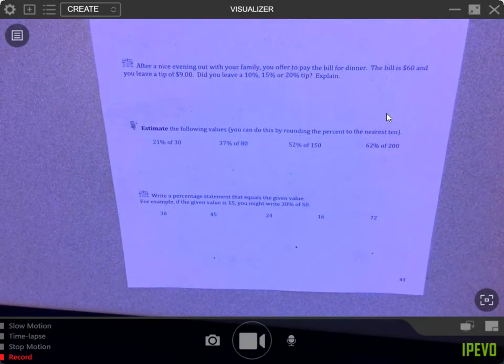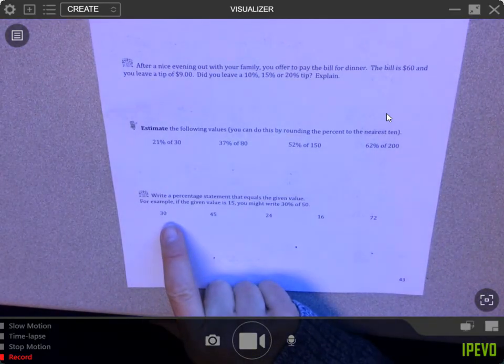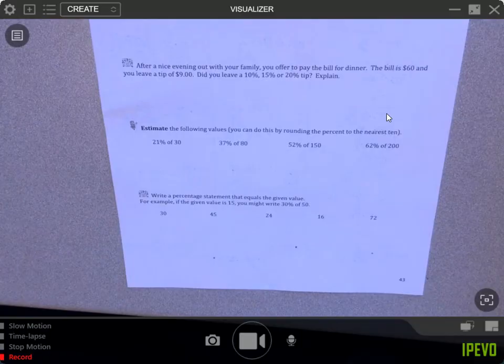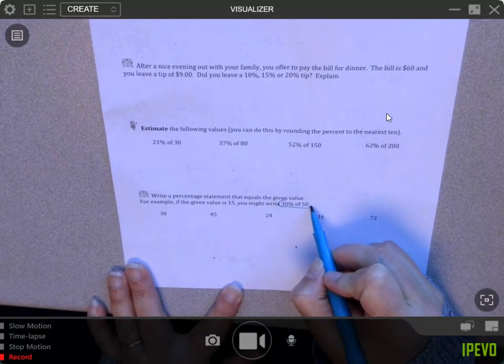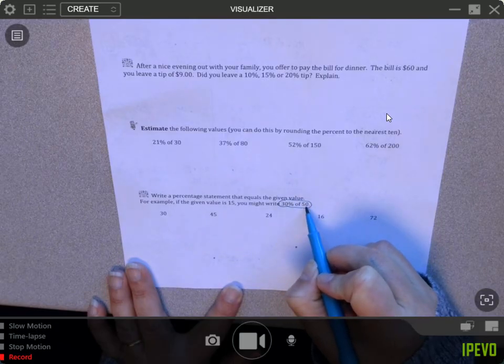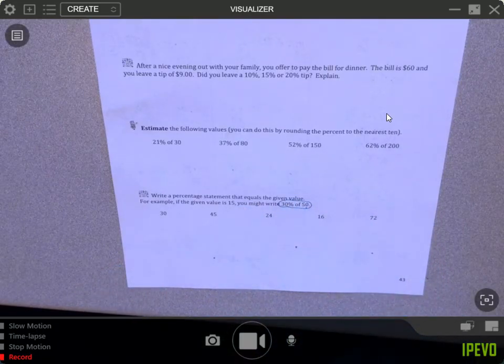Can somebody think of a way to challenge ourselves just a little bit for the 30? Christina? So we have to figure out a statement, like 30% of 50 equals 15. So 30 is what answer?